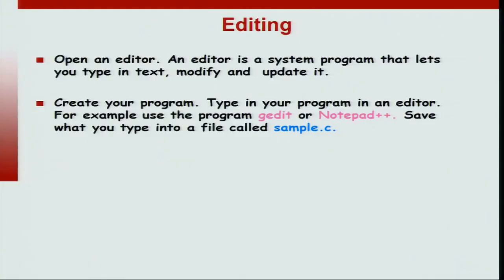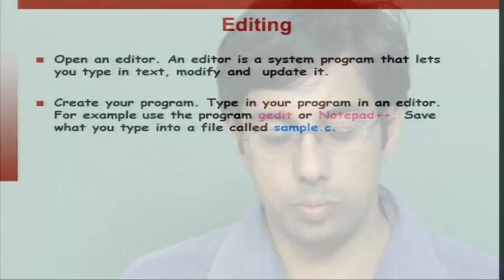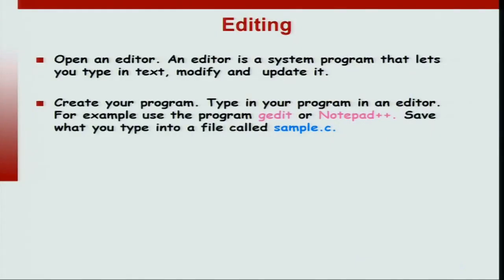In editing, it's typically done in what is known as an editor. Now, an editor is a program that lets you create a text file, make changes to the text file, and update the text file and later save it. Okay. So, in order to create a program, pick a particular editor of your choice.